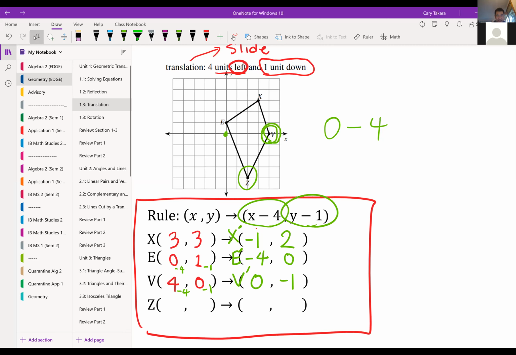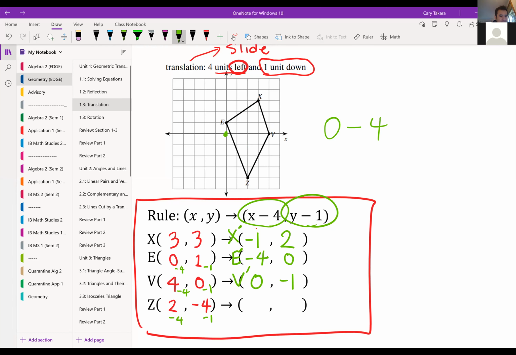So Z, you guys okay? Z will be, again, you go 2 to the right, 4 down, isn't it? So that's 2. Let's do the red. It's 2, negative 4. That's the coordinate for Z. And then for Z, we're going to apply the rule. You're going to subtract 4 for the X coordinate, and then 1 down for the Y coordinate.